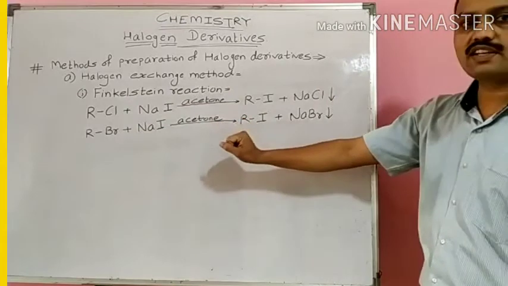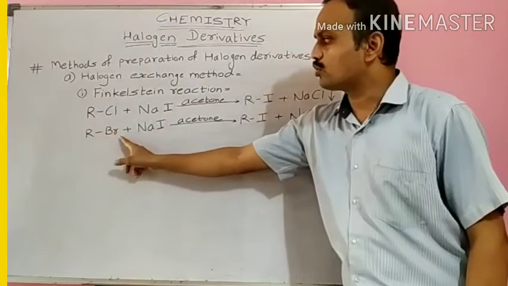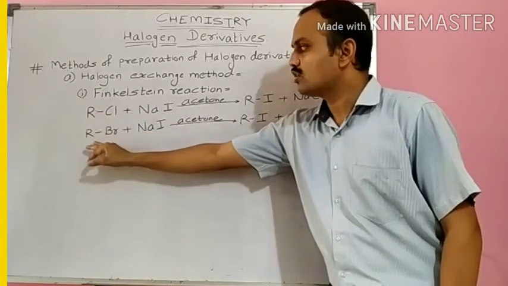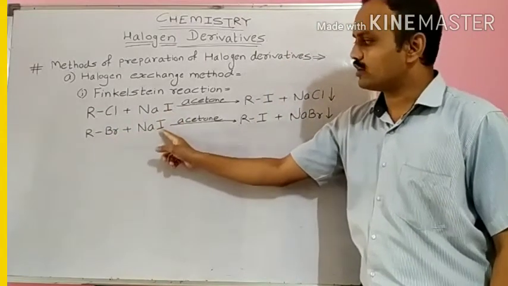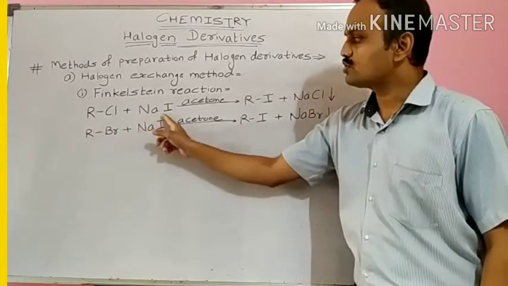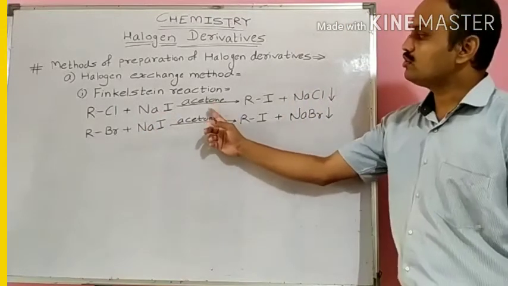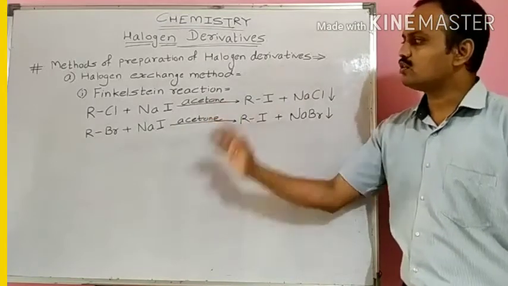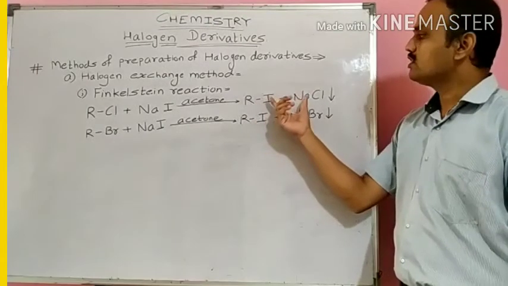In the Finkelstein reaction, alkyl chlorides or alkyl bromides react with sodium iodide in the presence of acetone or methanol as a solvent, and exchange of halogen takes place.